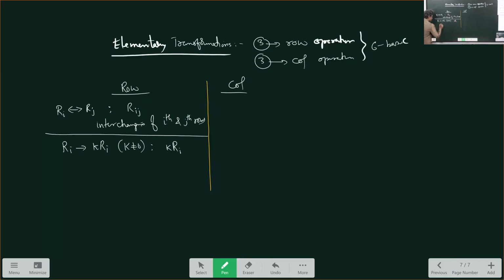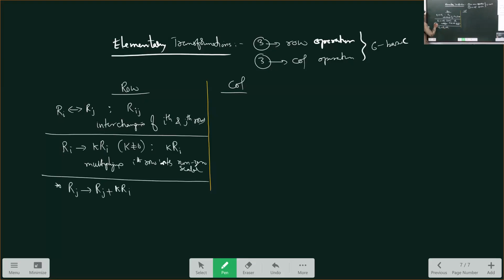So that is called multiplying the ith row with a non-zero scalar, a non-zero constant. Now similarly, I can write the last one, that Rj is changing as Rj plus k times Ri. I can say this can be imagined as the combination of these two.